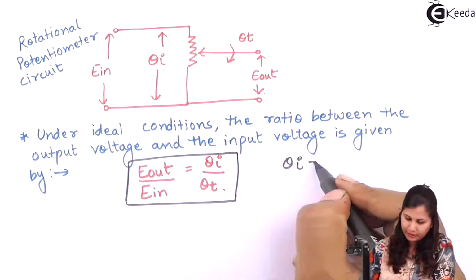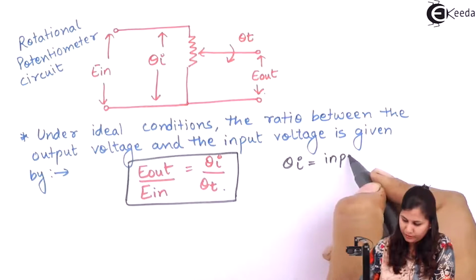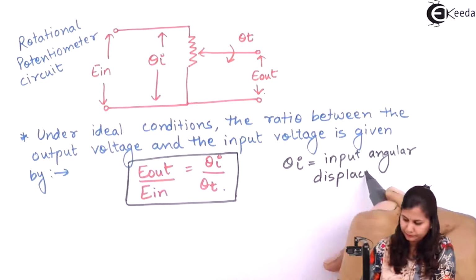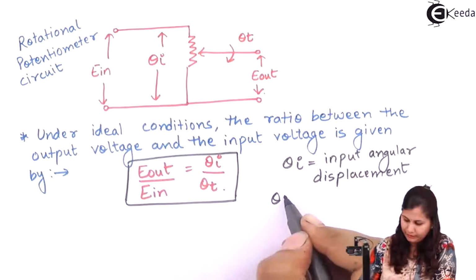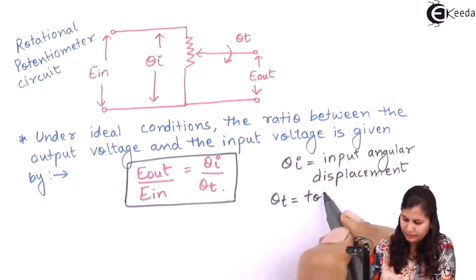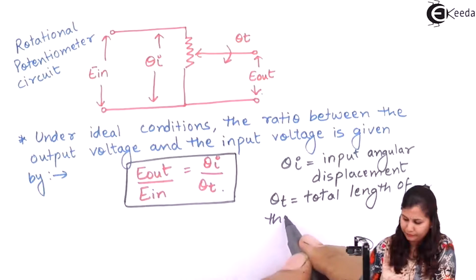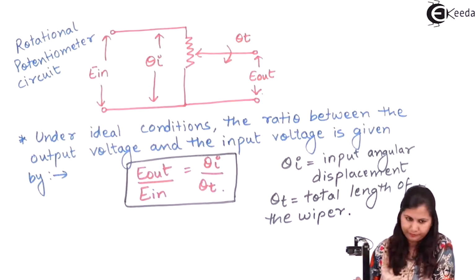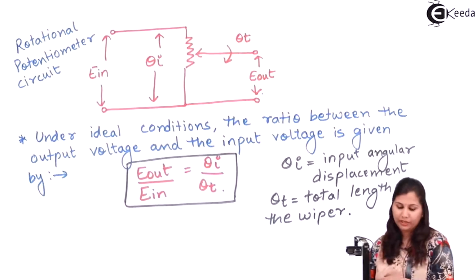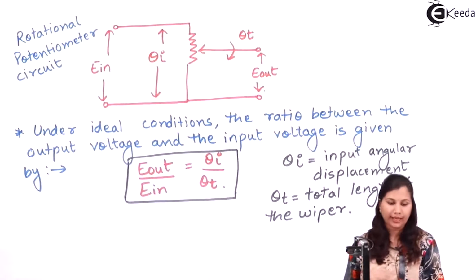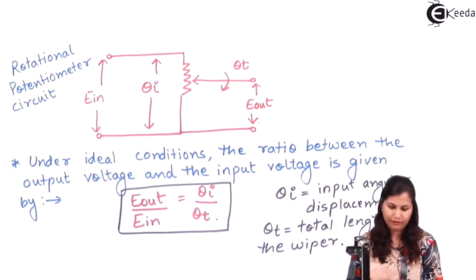Theta i is the input angular displacement, and theta t is the total length of the wiper. Okay, so we have studied the two types of potentiometers, translational and rotational potentiometer.